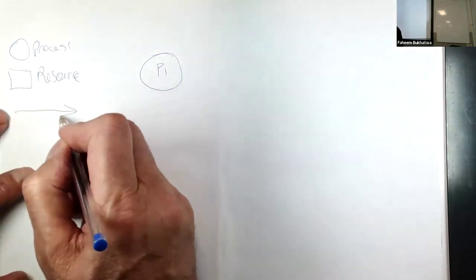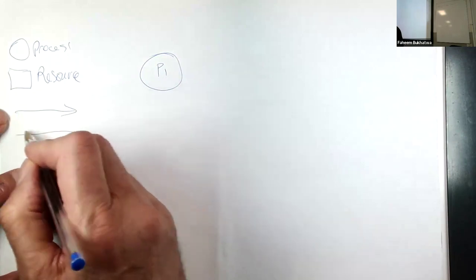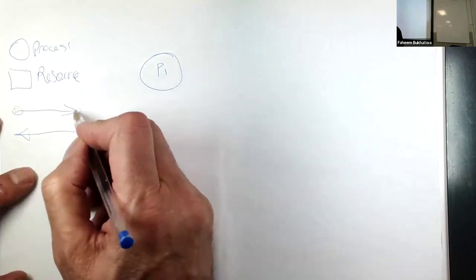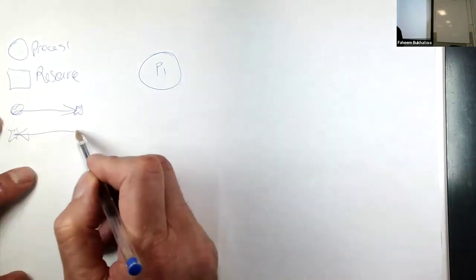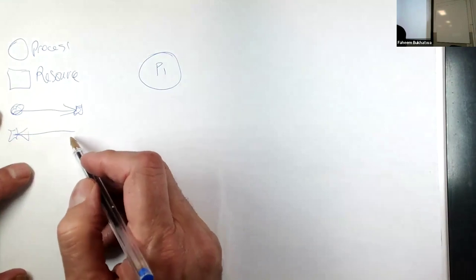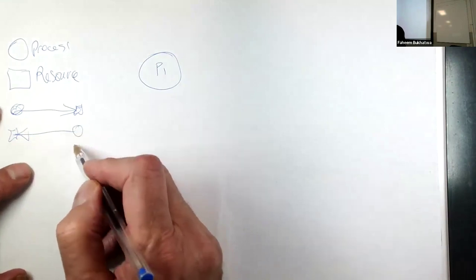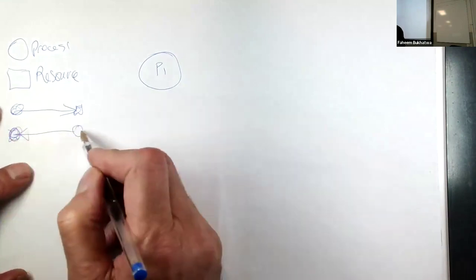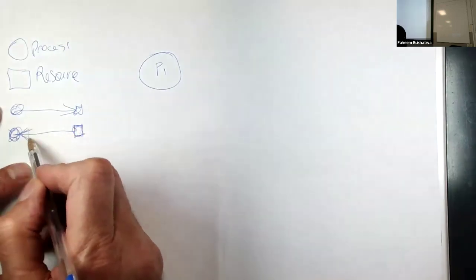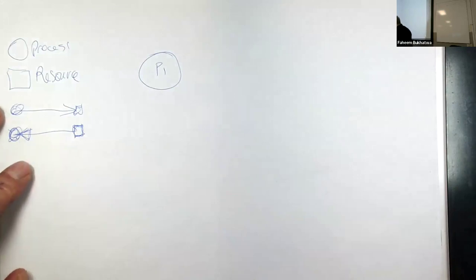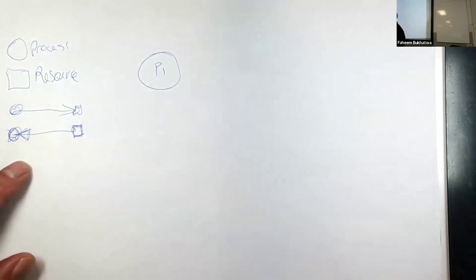And then there's an arrow, either going from a process to a resource, or it starts at a resource and heads towards a process. You can consider a process like a person. A person pointing at something means the person says, I want that thing.